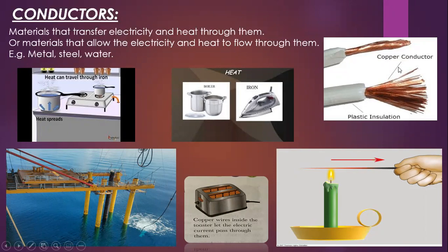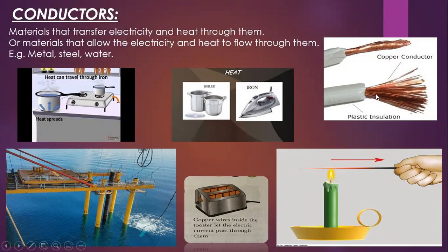Now look here, this is a copper conductor. Plastic is not a conductor. The opposite of conductor is insulator. These wires are made of copper. They are conductors of electricity. That's why we use this material inside the wires to pass the electricity from one side to another.